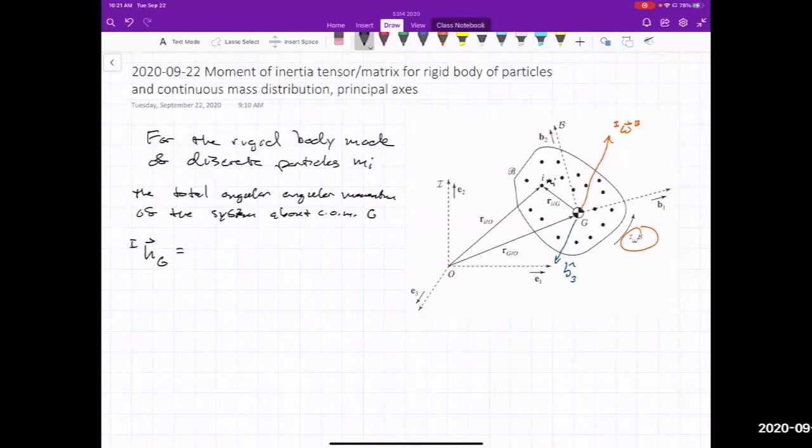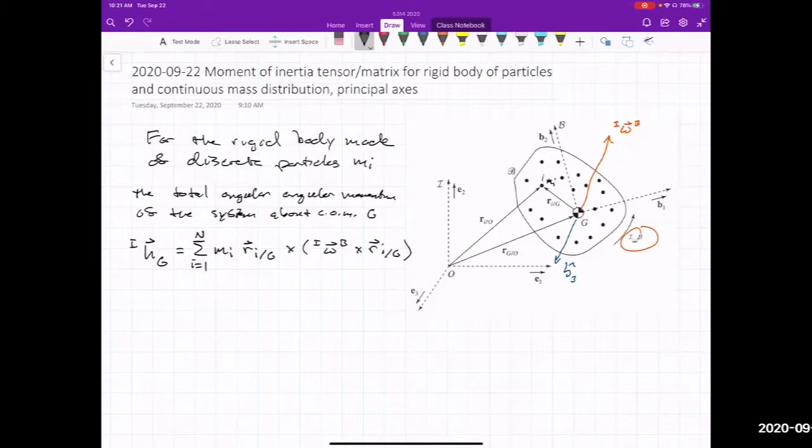And the way we wrote it last time, we're assuming we have a collection of n particles, so the summation goes, i goes from 1 to capital N, mi, location of particle i with respect to G, so r_iG, cross, and now the inertial velocity, which is the angular velocity cross r_iG.